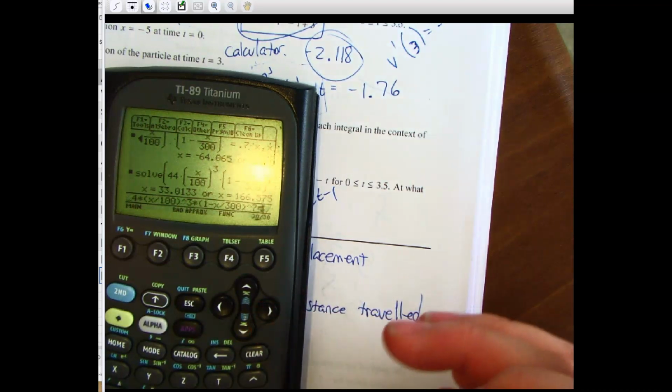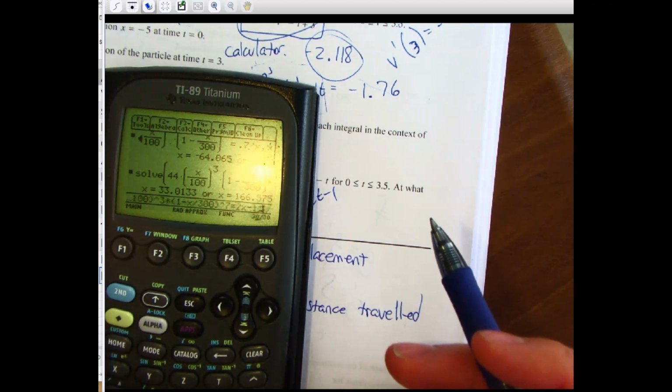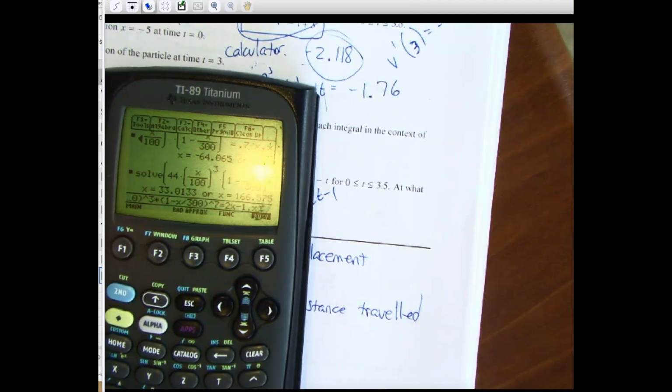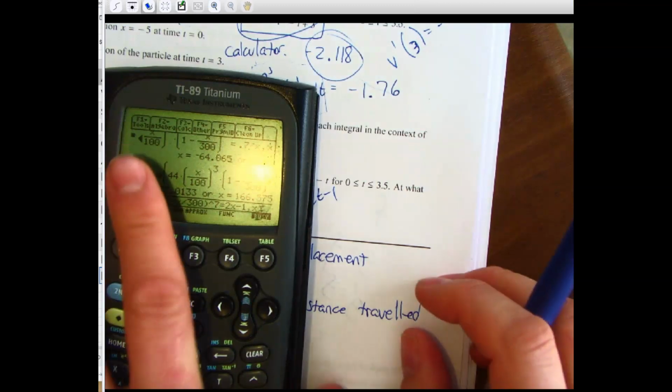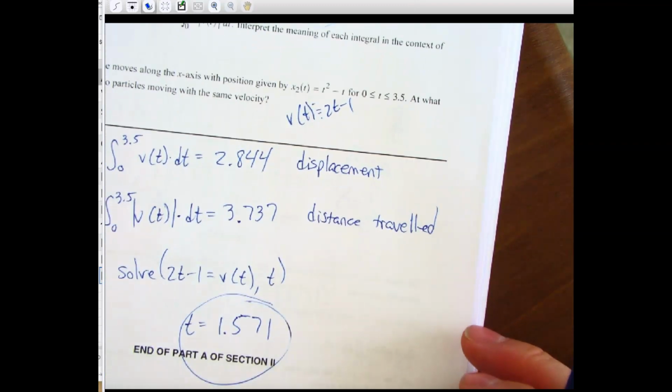And I want it to equal 2x minus 1 because that's the velocity of my second equation. And then I'm telling the calculator comma x because I want the calculator to understand what it's supposed to solve for. And again, I think this one takes a second, but here's your answer. So I don't know that we need to wait for it, but there we go.